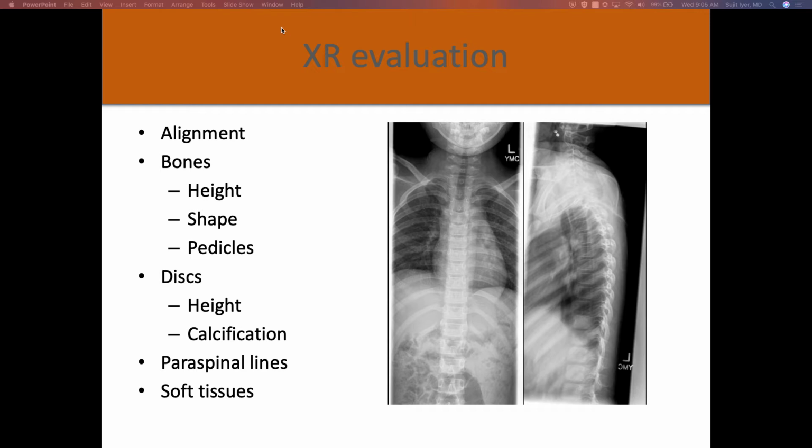Do you see the pedicles on both sides? Not only the bones and the vertebrae themselves, but also the intervertebral disc, looking at the height, and also looking at soft tissues and the paraspinal lines to see if everything is well aligned, or if anything is pushed or deviated to one side as a result of something that shouldn't be there.